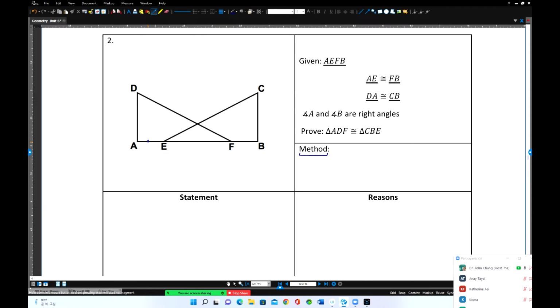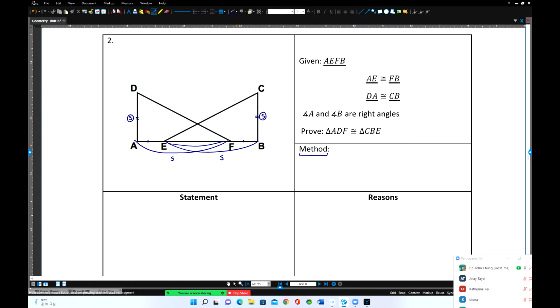AE and FB. That means what? Using this one, reflexive, you can say these two lengths are congruent. You got one side. And if we have to prove this, we are not done, right? The next one, DA congruent CB. This is already done. So we have two sides. Another one, angle, we need one more.